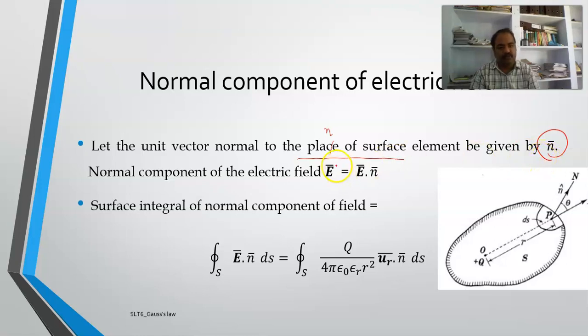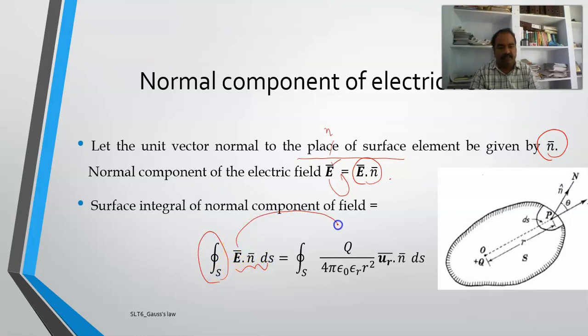So E is assumed to be the electric field, and the normal component of this E vector is given by E bar dot n bar. Now, the surface integral of this normal component of field. I am going to take the entire surface.